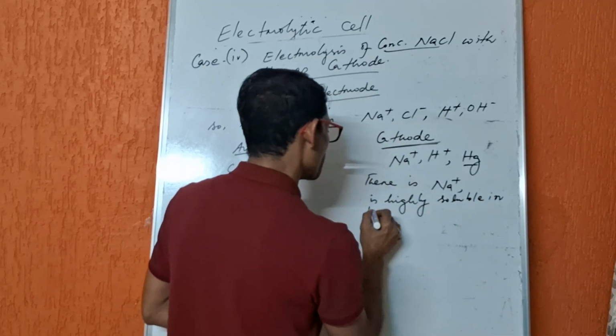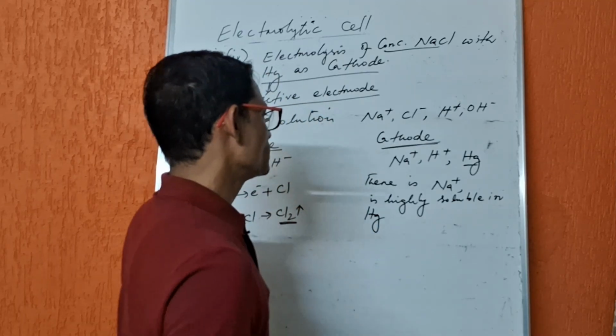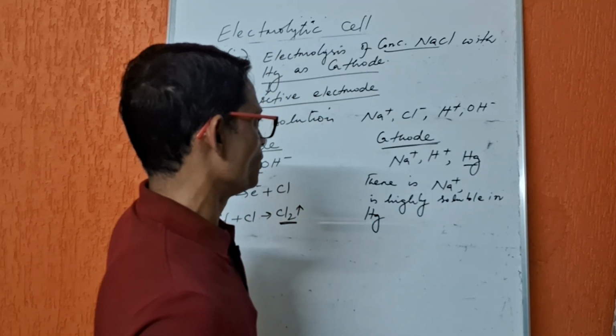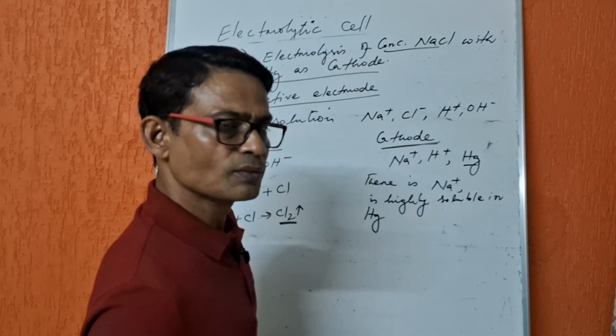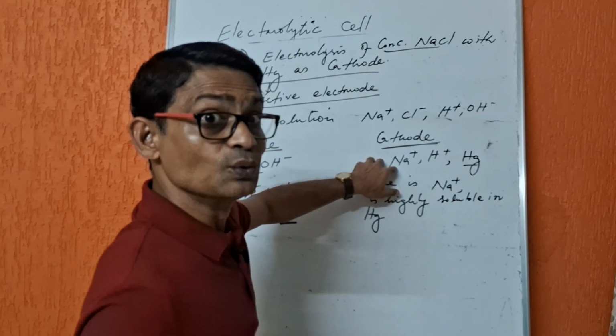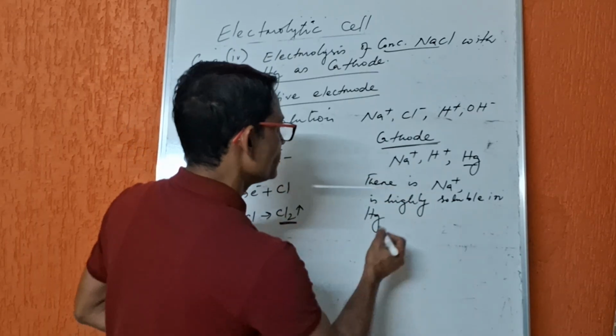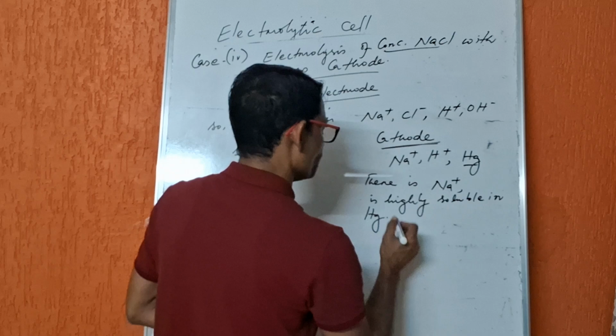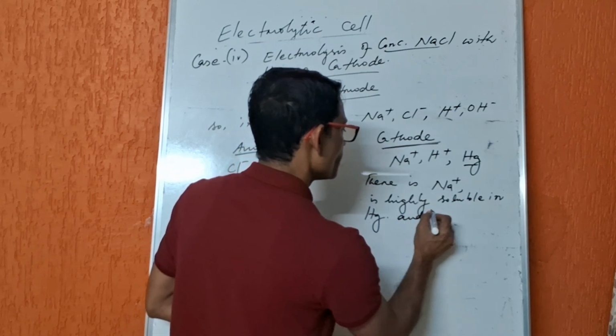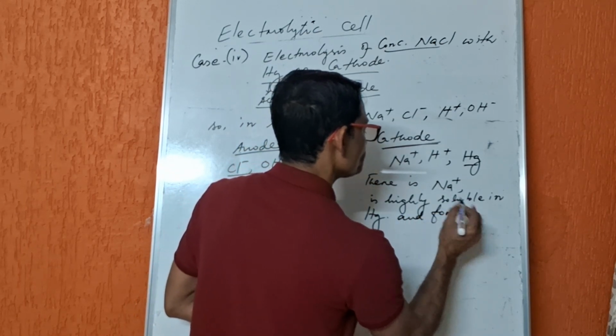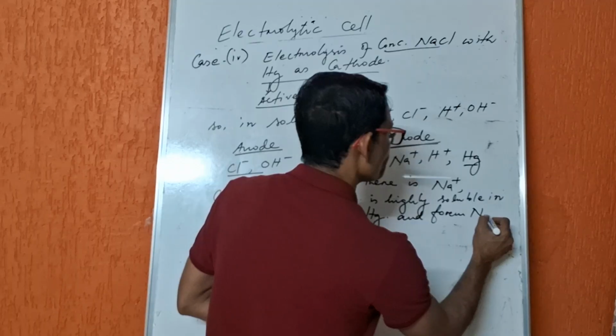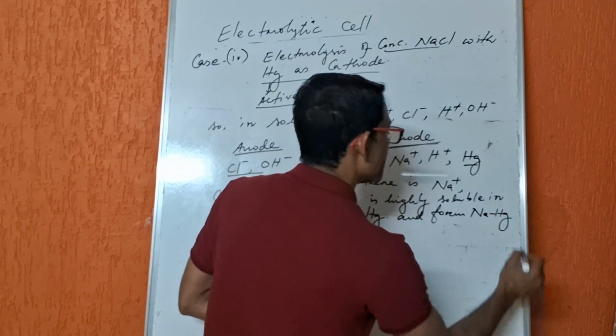Na plus is highly soluble in mercury, so Na plus will be reduced and form sodium mercury amalgam.